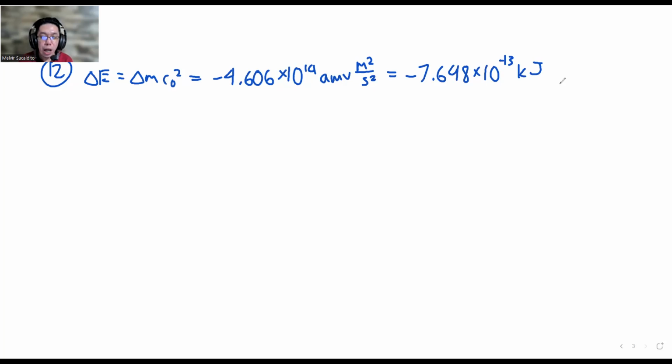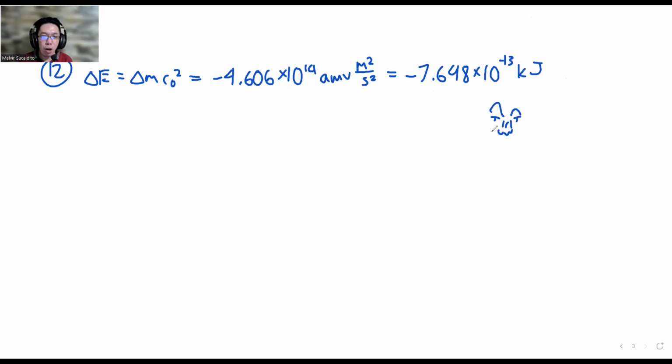I'm not using the calculator values. So 7.6 or 7.66 is the answer. Acceptable. Negative 13 kJ per nucleus.